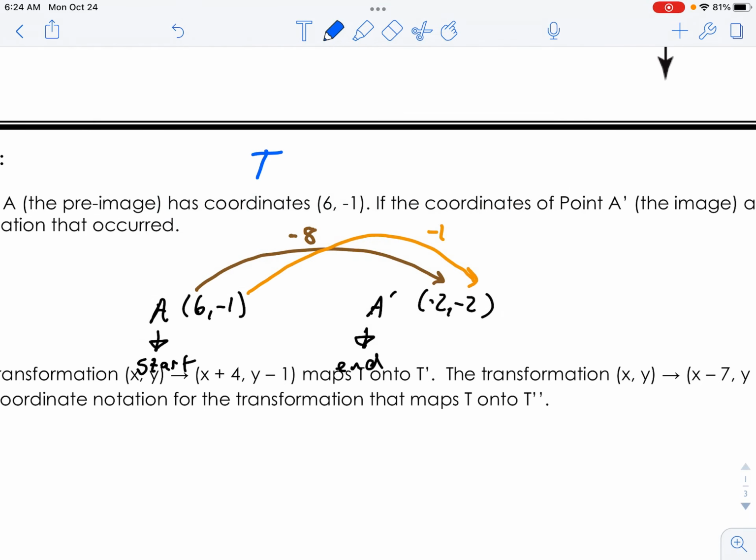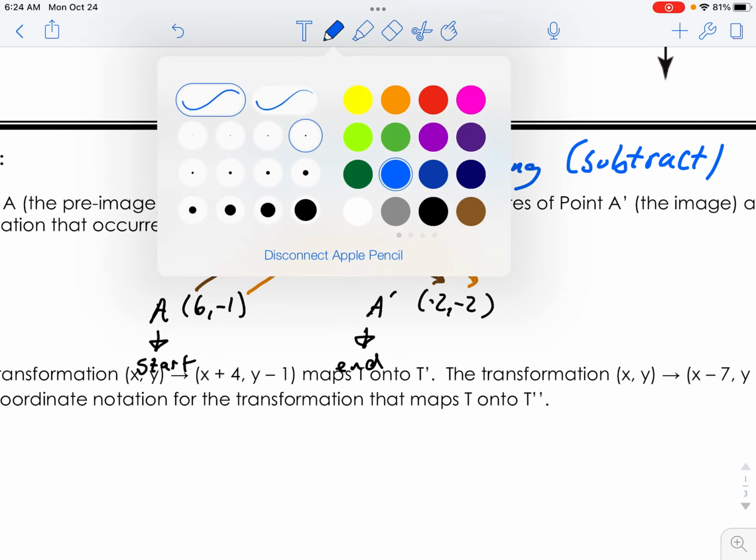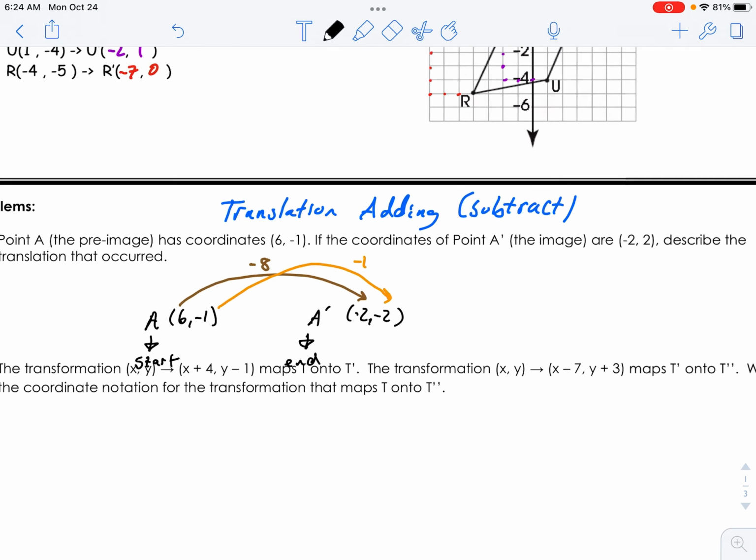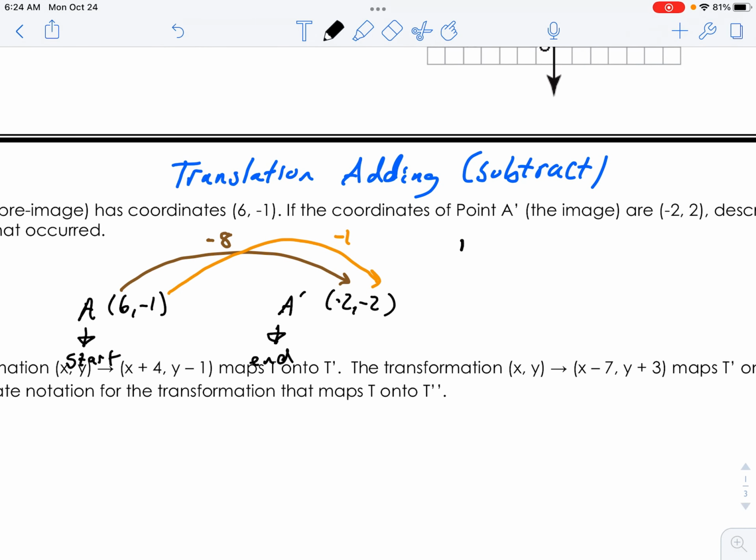All right. Something I forgot to mention, but translation is just adding. In parentheses, I'll put subtraction. Technically, you could say subtraction doesn't exist. Subtraction is just adding negative numbers. But nonetheless, we're going to just describe it. So we can say, easy as, left 8, down 1.